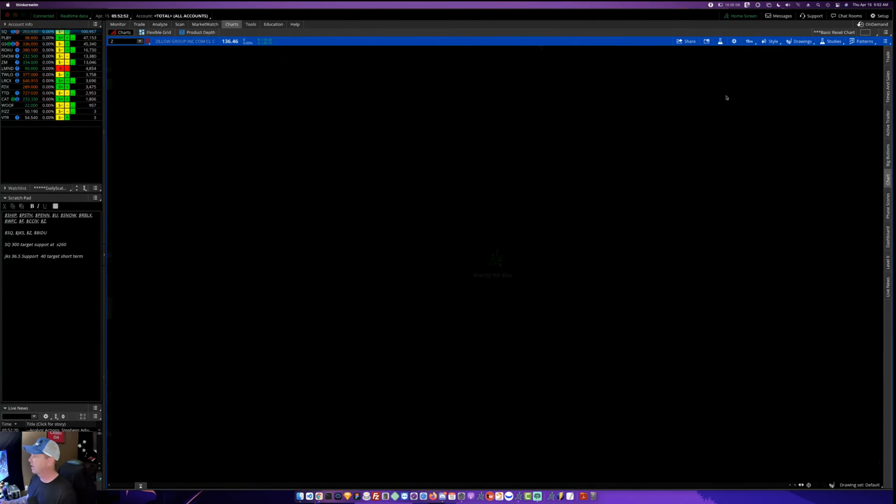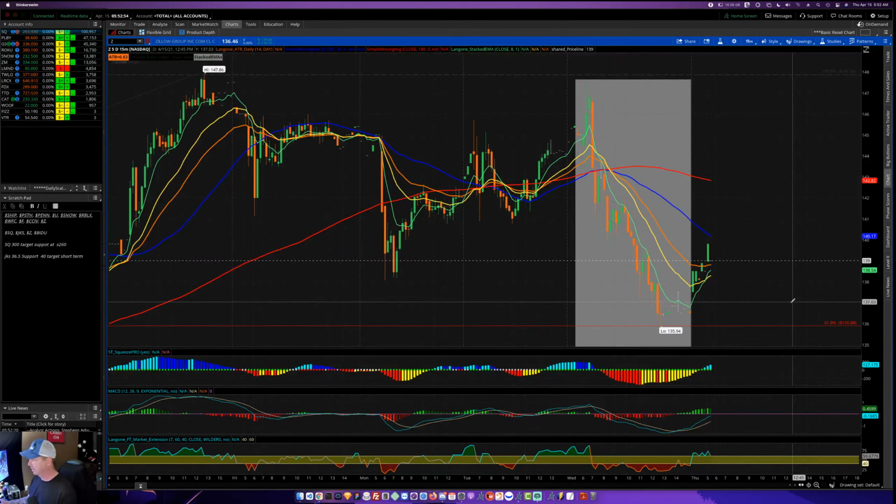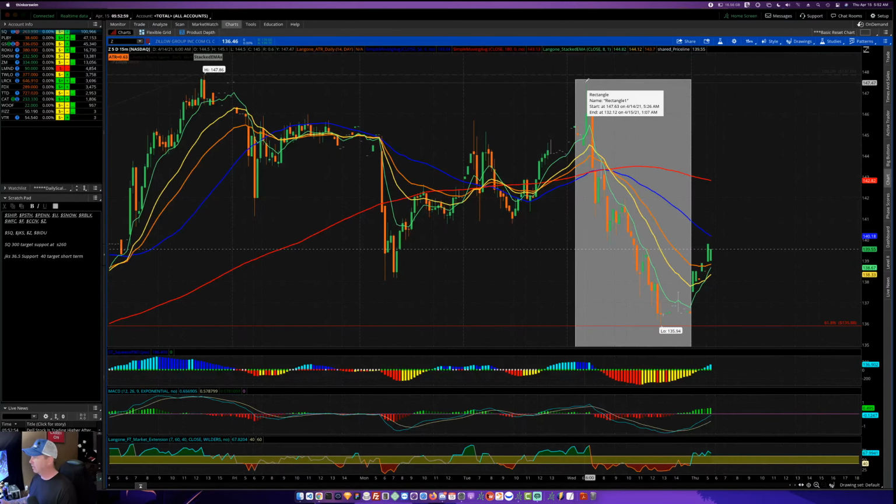Looking at it on the 15 minute. So it looks like we gapped up overnight. The squeeze is fired, MACD is positive and increasing, market extension is bullish.